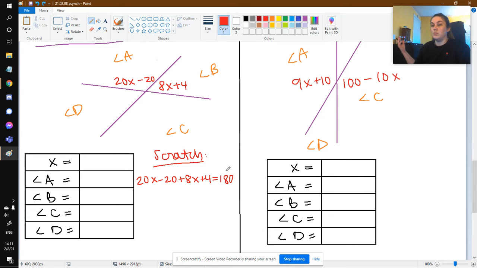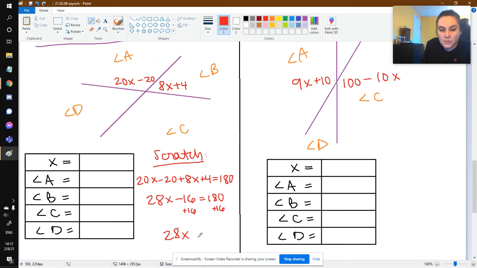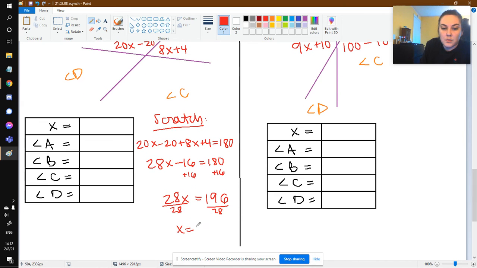Now we go back to last semester and do some algebra. 20x plus 8x is 28x. Negative 20 plus 4 is negative 16. We can add 16 to both sides. And then we can divide by 28 and get that x equals 7.